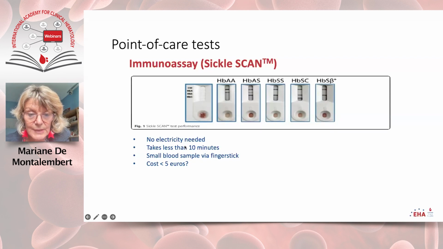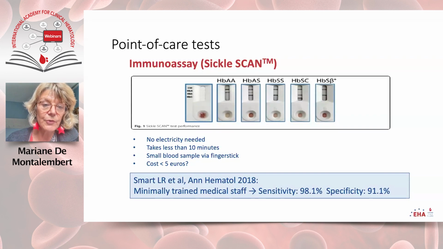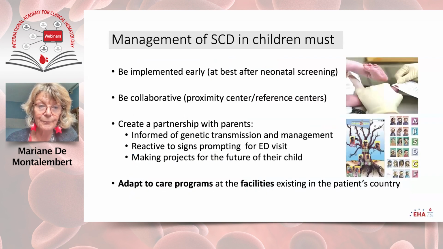It takes less than 10 minutes. It needs only a drop of blood, and it is relatively inexpensive. And it has been shown that minimally trained medical staff can achieve high sensitivity and specificity in the diagnosis of sickle cell disease, and these techniques are more and more used in Africa.